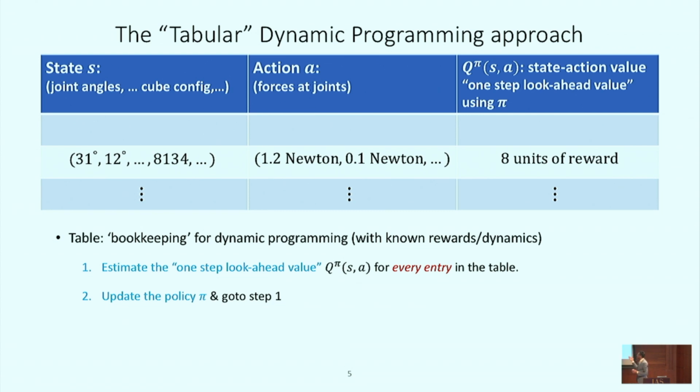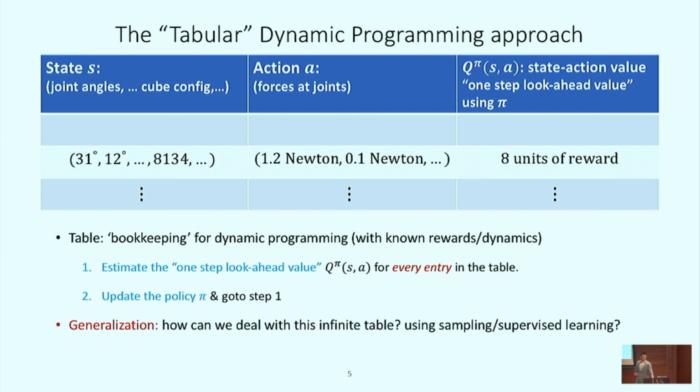So it's like a one-step look ahead value. The way this algorithm proceeds is that for every row in this table, we're going to figure out this one-step look-ahead value. Once we have that, we're going to update the policy in some greedy manner and iterate. If we do this exactly, this algorithm will converge in H steps.